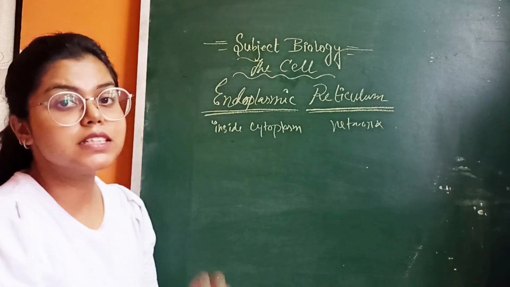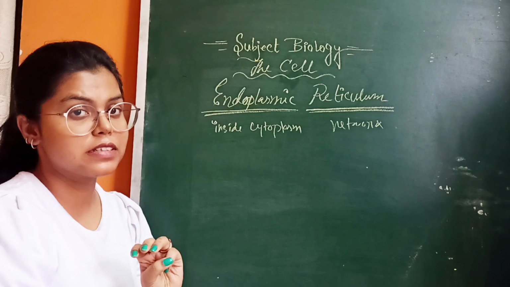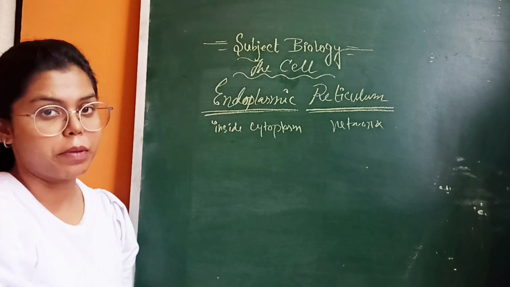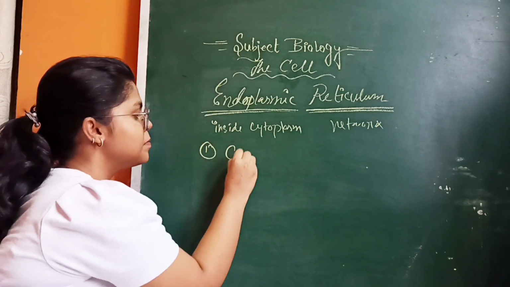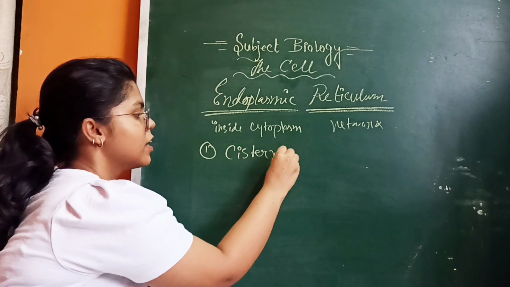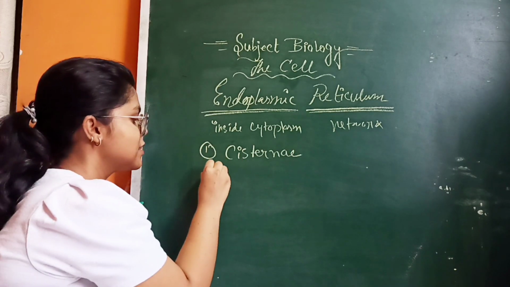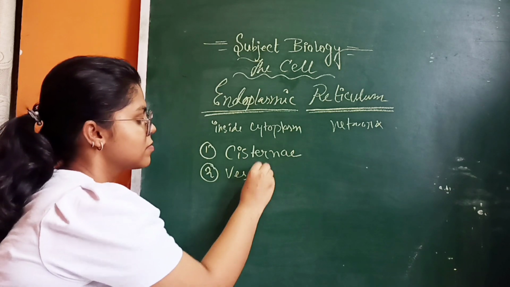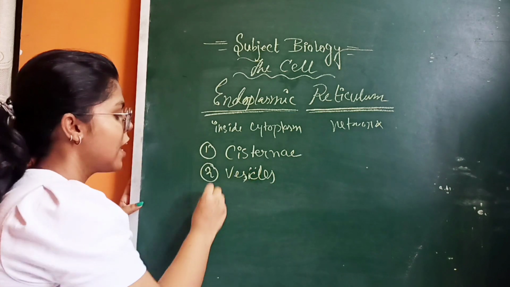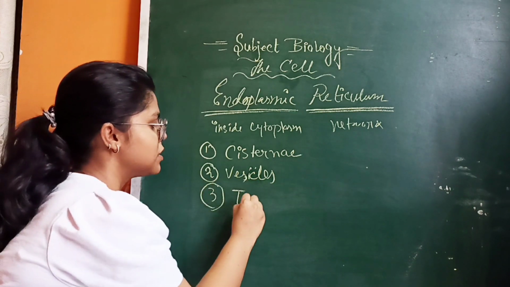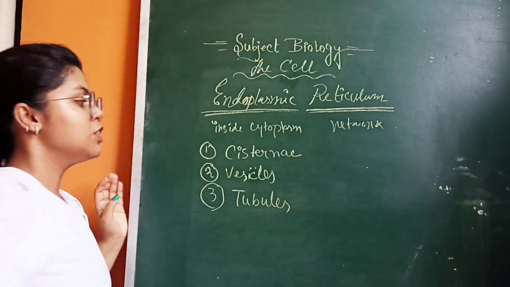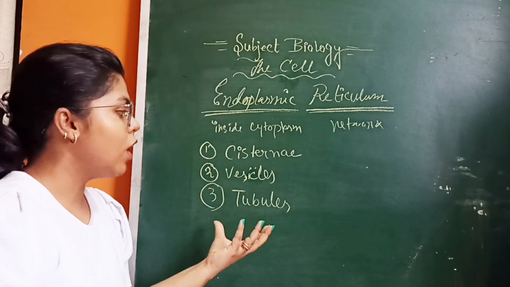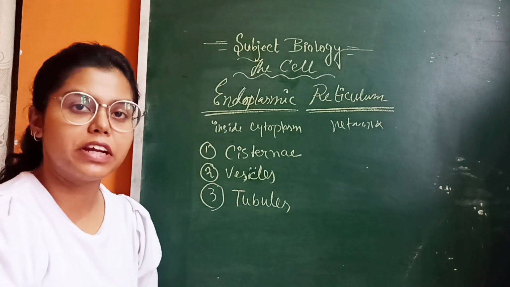The structure of endoplasmic reticulum consists of three elements: one is cisternae, another one is vesicles, and the third one is tubules. So cisternae, vesicles and tubules all belong to the endoplasmic reticulum.